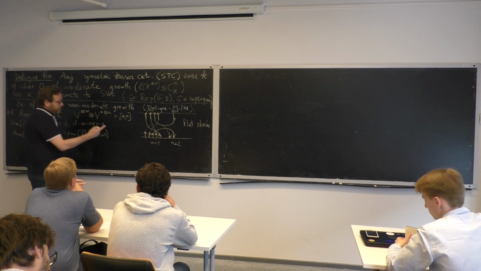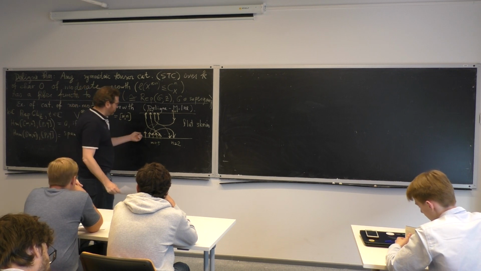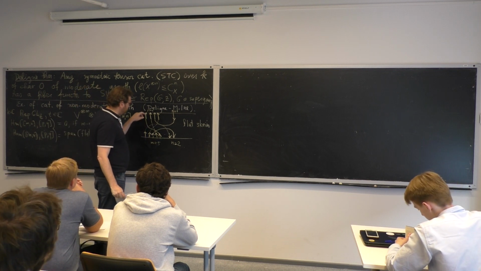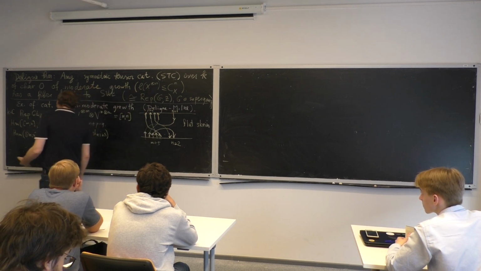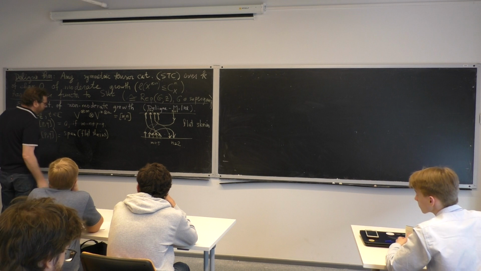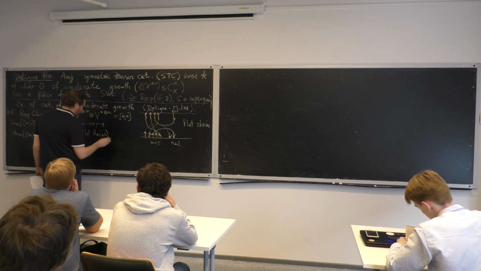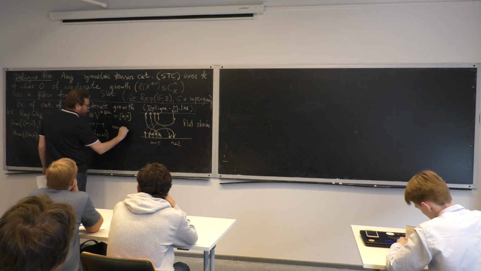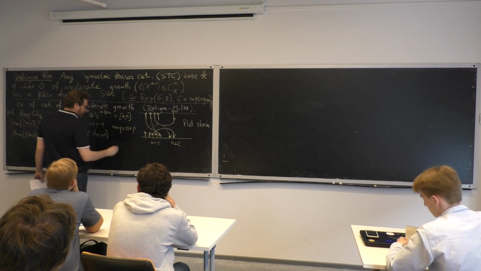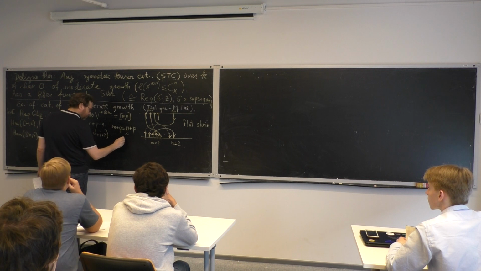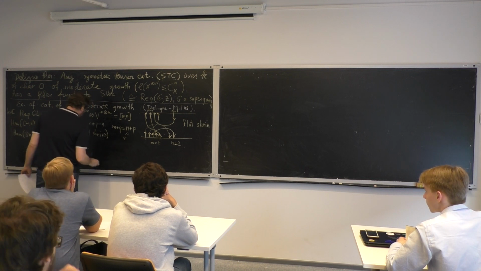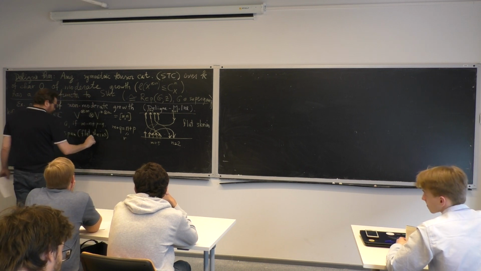And how many of these skeins do we have? Well, of course, there are a certain number of outgoing arrows, a certain number of incoming arrows, the same number. So this is going to be r factorial, where r is that number. This number is m plus q equals n plus p. Let's call this r. And then there are r factorial of them.